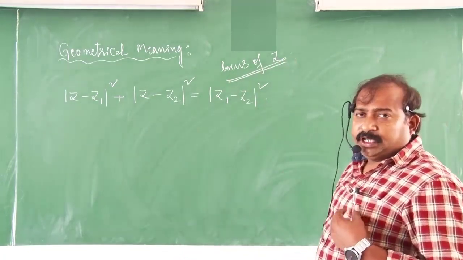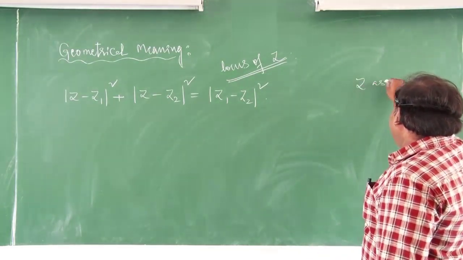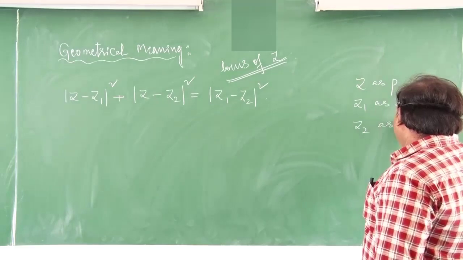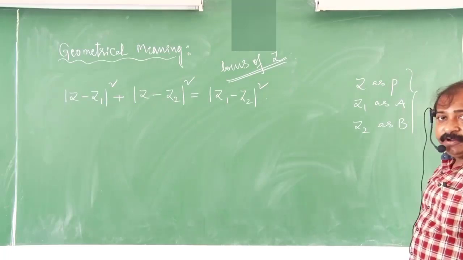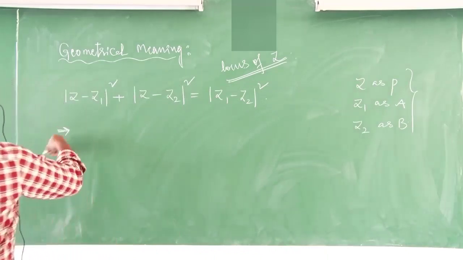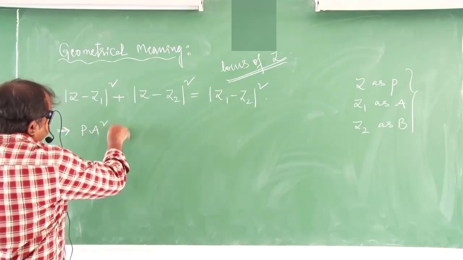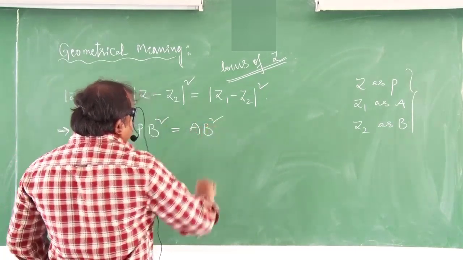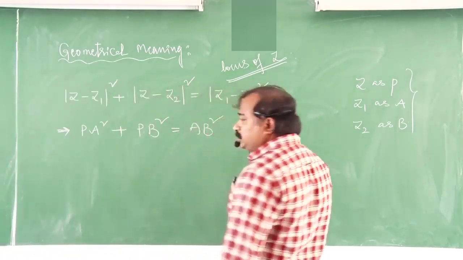Even this also immediately you can convert into geometrical form. What is geometrical form? Let z as P, z1 as point A, z2 as point B. Now replace the values. This is nothing but PA square plus PB square equal to AB square.